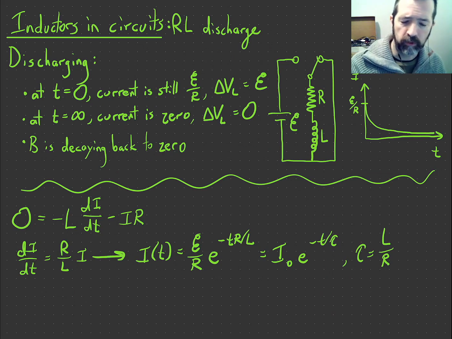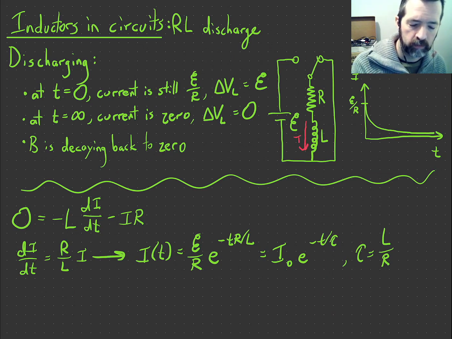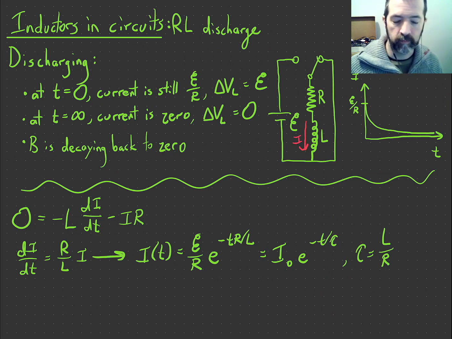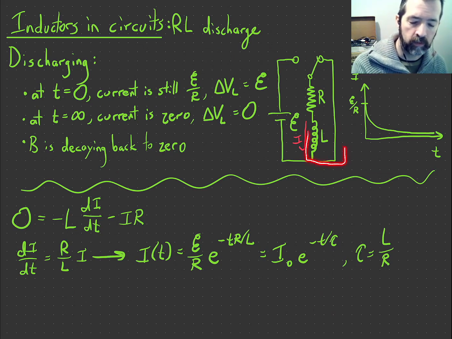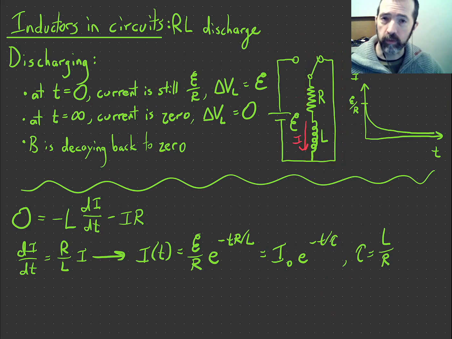So I know the current was going clockwise through that loop, which means that the current through the inductor was going down. And so when I throw that switch over, the current continues to flow down through the inductor. So the current is going to go around this loop in the same direction through the inductor that it already had been flowing.